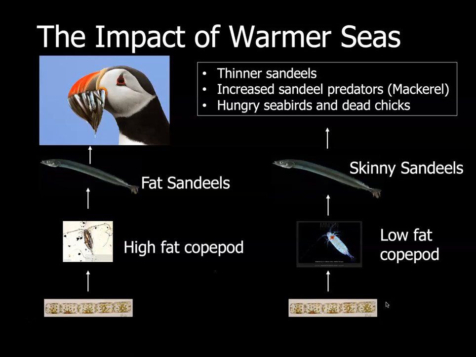So with warmer seas, we've got low-fat copepods, we've got thinner sand eels, and we have mackerel, which is a fish that prefers warmer water, moving in and competing with the seabirds for these skinny sand eels. And so you end up having hungry seabirds and dead chicks. And this is not only impacting puffin populations, but it's also impacting other seabird populations in the Arctic.